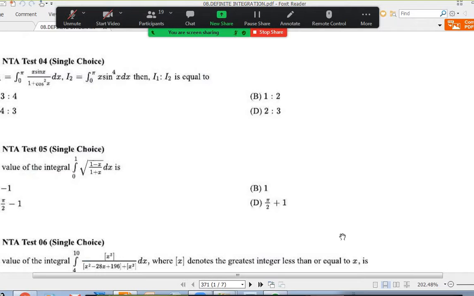All right, I'm erasing this. Okay, what is this question? I1 is integral 0 to pi of x sin x by (1 plus cos square x), and I2 is integral 0 to pi of x sin power 4 x.